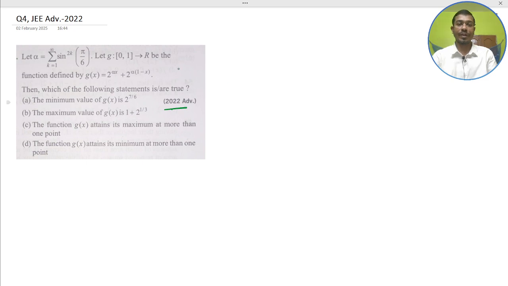So this is an MSQ type question, one or more than one answer can be correct. So first read the question carefully, and afterwards look at my solution on the blackboard. This is a JEE Advanced type question, very important.